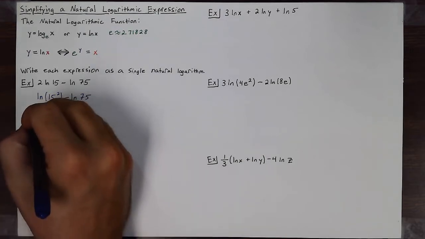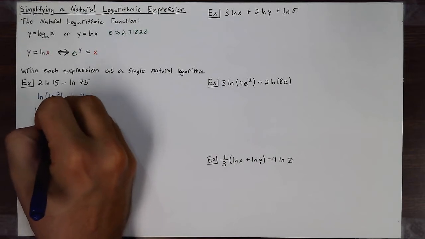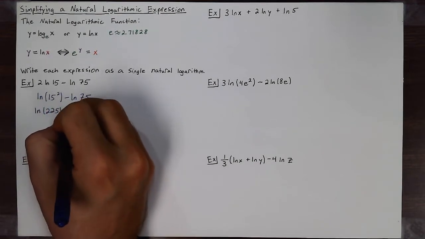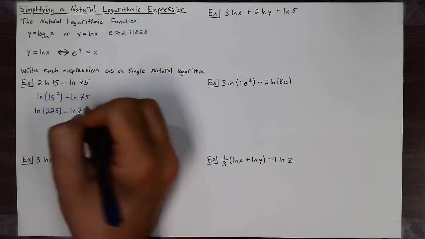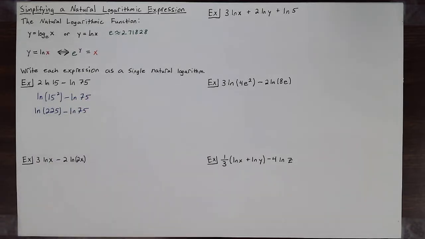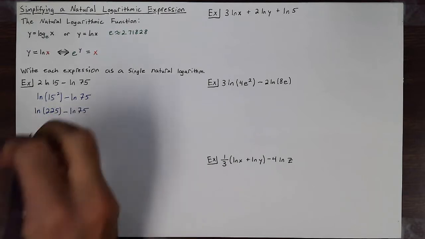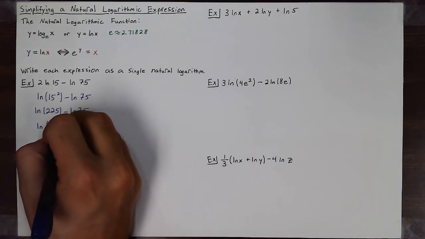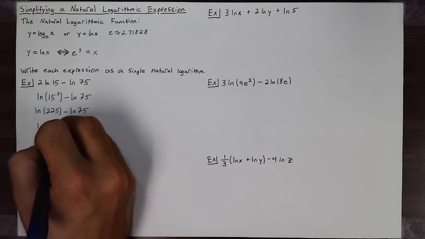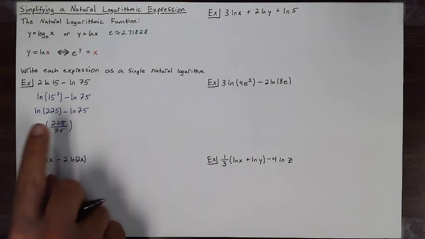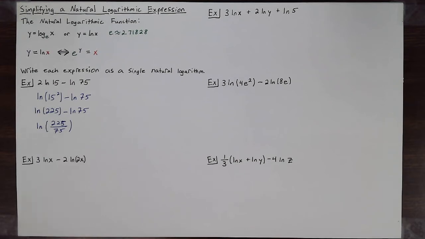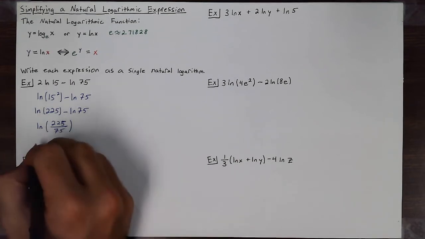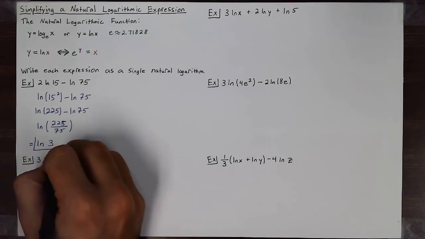So we'll have the natural log of 225 minus the natural log of 75. And now it's set up for me to combine these two using division, because they're being subtracted. So I'll get the natural log of 225 divided by 75. And 225 divided by 75 is 3. So this just simplifies to the natural log of 3.